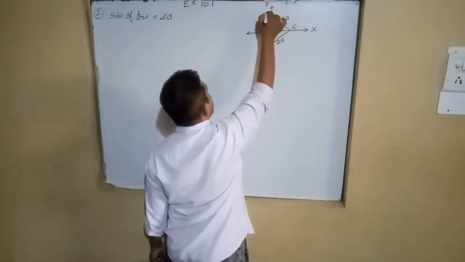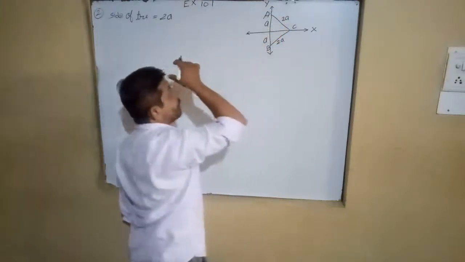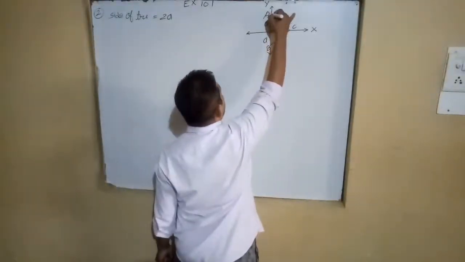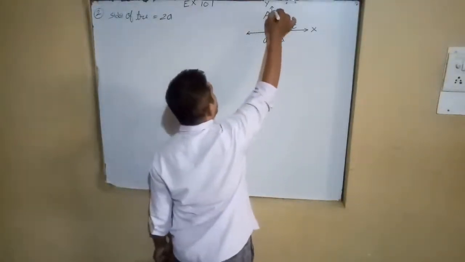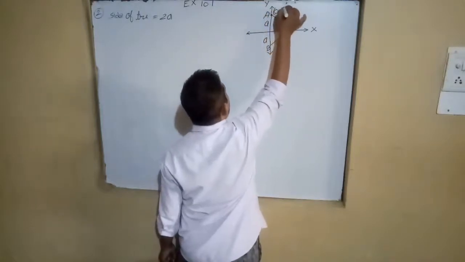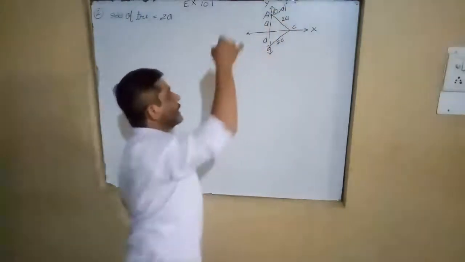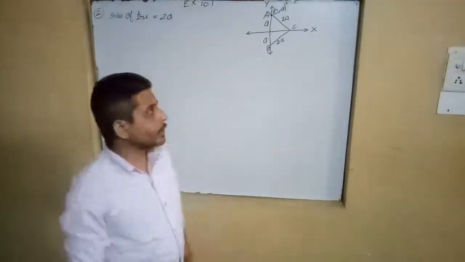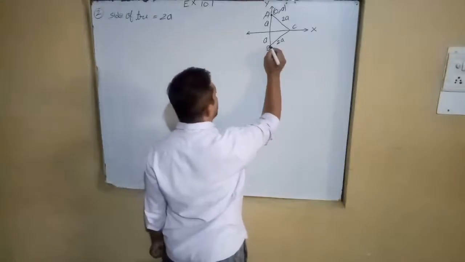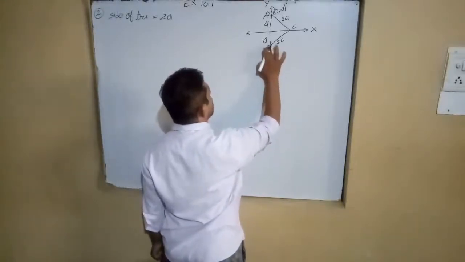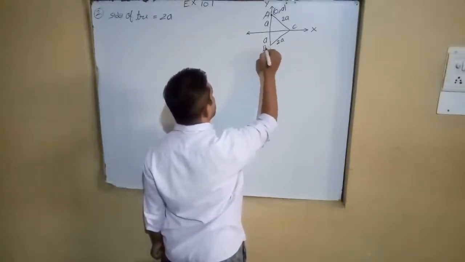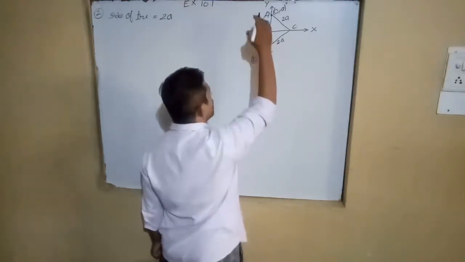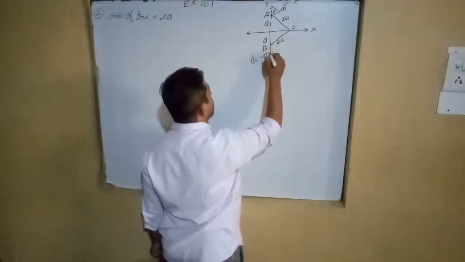This is A. If we talk about this point, the coordinates of A will be 0, a. On the y-axis, the abscissa, meaning x, will be 0. And the coordinate of point B will be 0, minus a, because it lies below the x-axis.